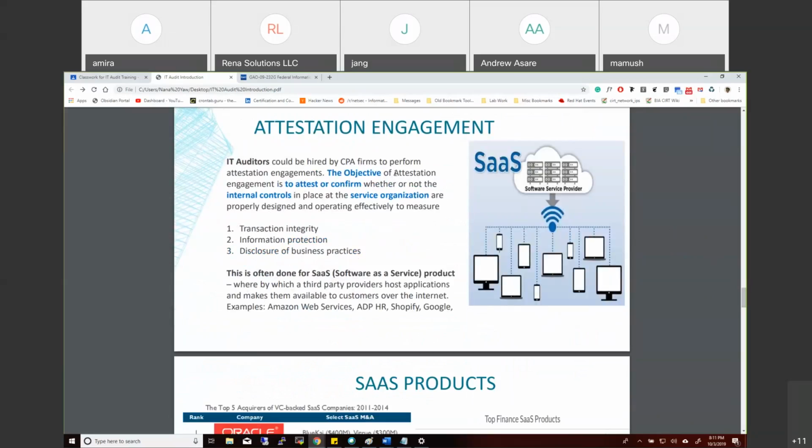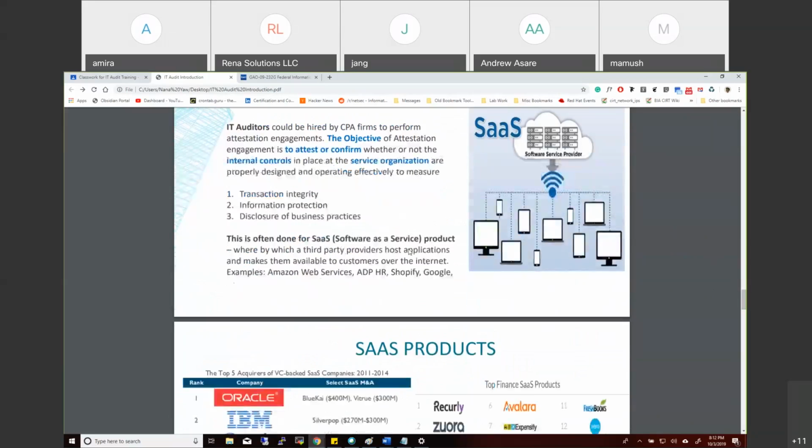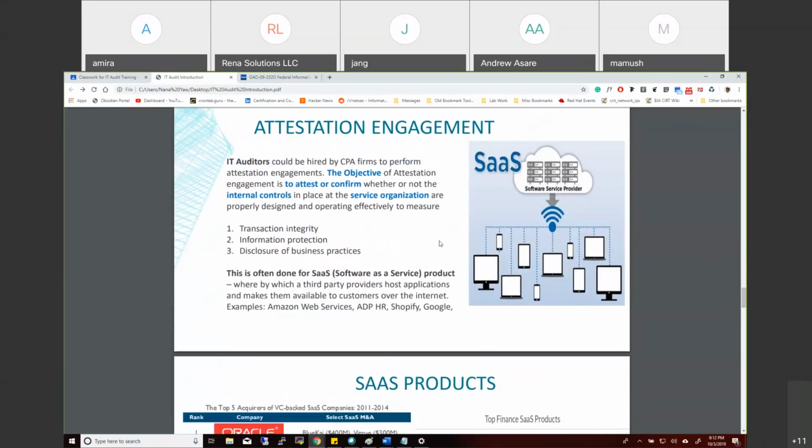Normally, an attestation engagement is also a form of what we call an external audit, in the sense that it's done by an independent auditor like a CPA firm. Normally it is done for companies that are known as service organizations, in the sense that they provide a software as a service product.